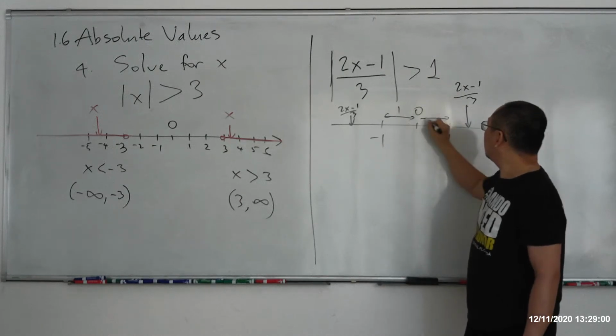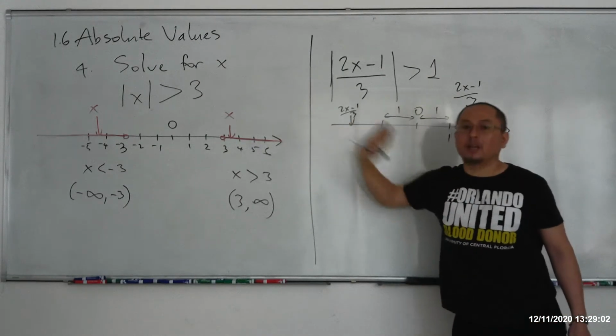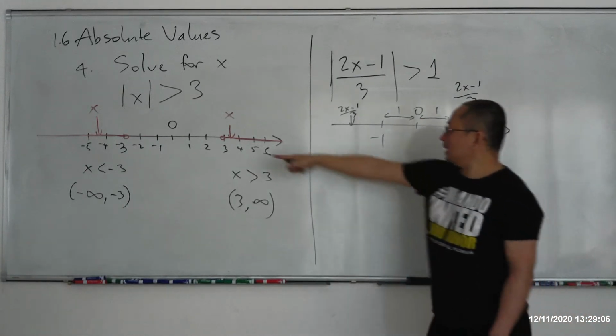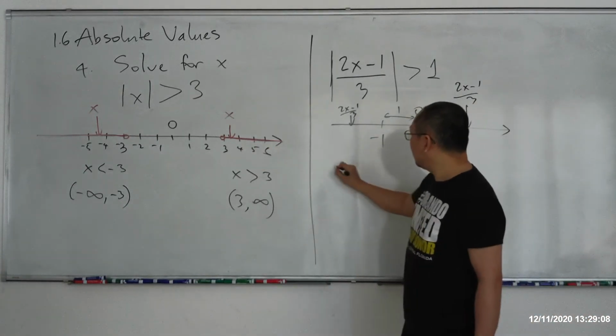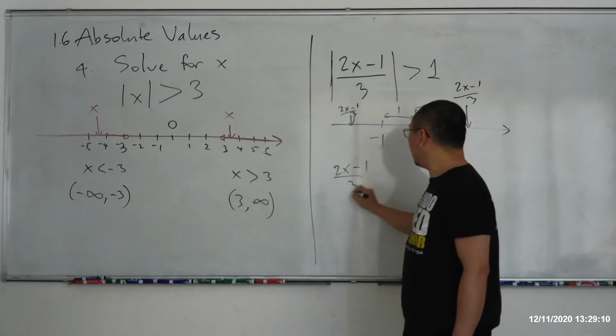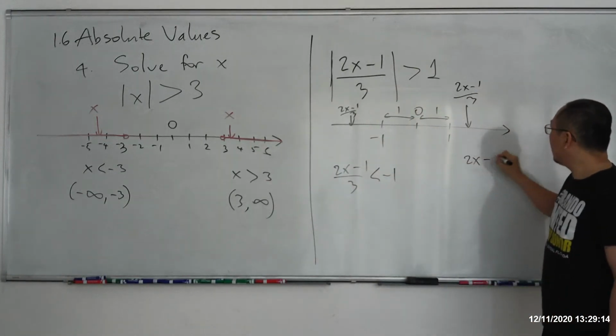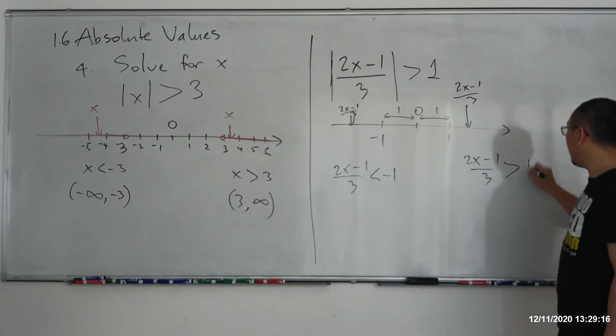The distance from here to here is 1, and from here to here is 1. That means 2x minus 1 over 3 is less than negative 1, or 2x minus 1 over 3 is greater than positive 1.